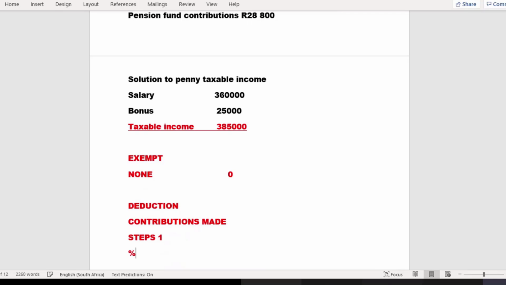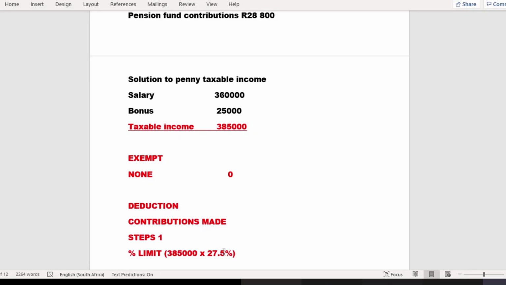So you just say step one, percentage limit, which is an amount of how much? 27.5% of the remuneration or the taxable income. Since we are not given the remuneration, it means that we're going to use taxable income. So this is how you're going to approach it. You will say 385,123 rand.